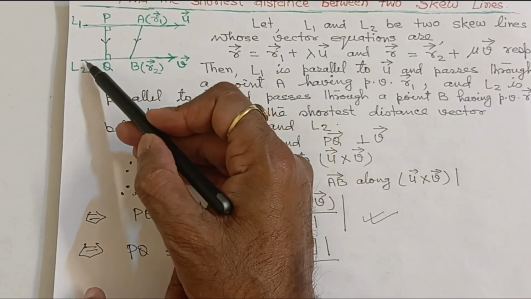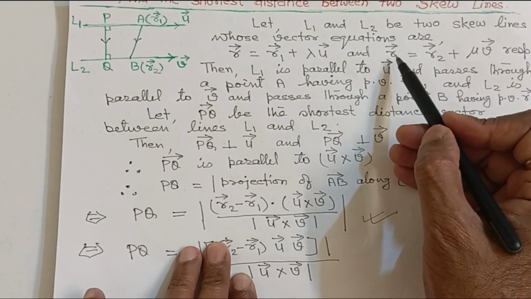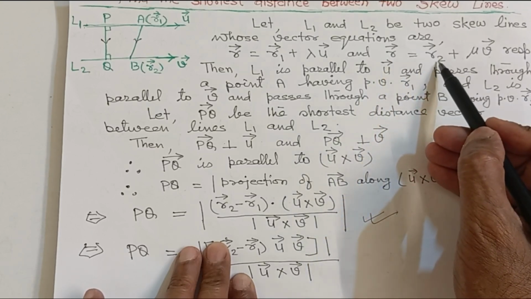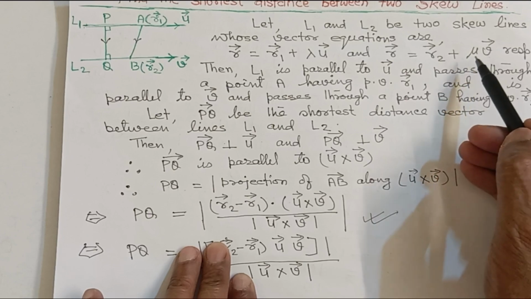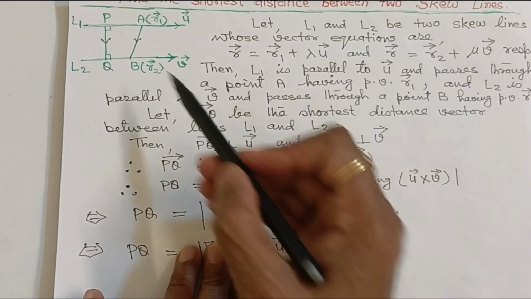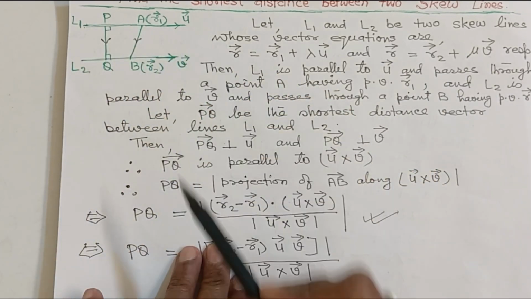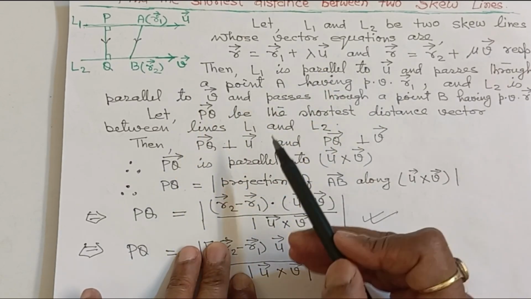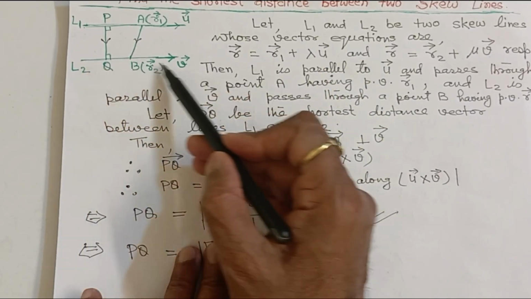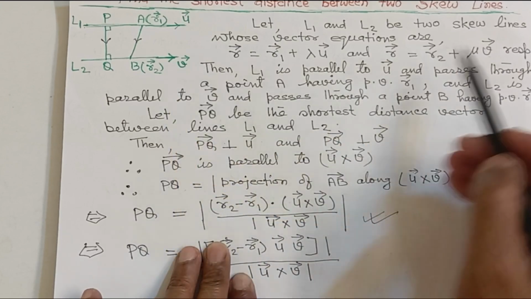And the vector equation of line L2 is vector r equal to vector r2 plus mu vector v, where mu is a scalar. Then line L1 is parallel to vector u, and line L2 is parallel to vector v.